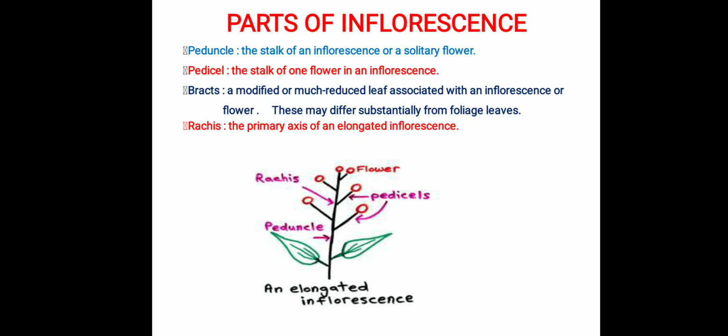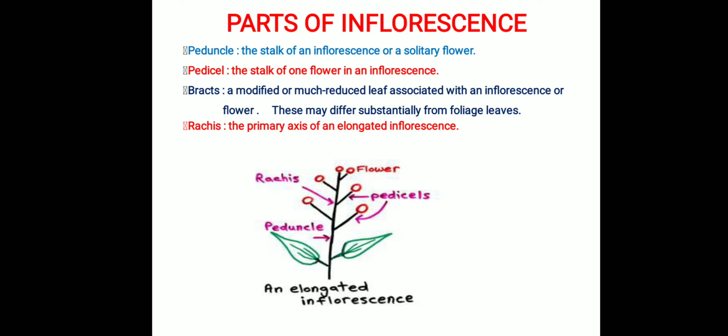If the bracts are very small compared to the size of flowers, they are termed bracteoles. Sometimes the bracts are very large and cover the entire inflorescence; such bracts are known as spathe. Example, coconut, arum, etc.